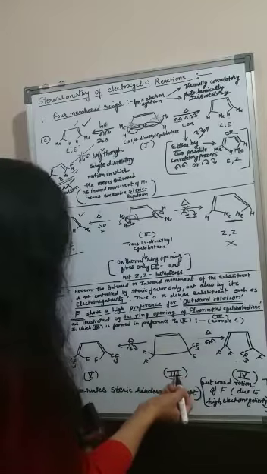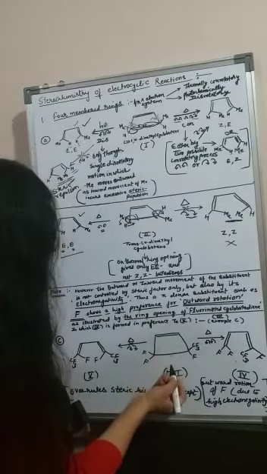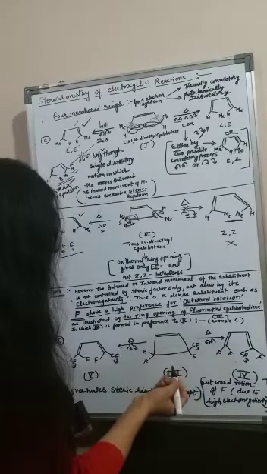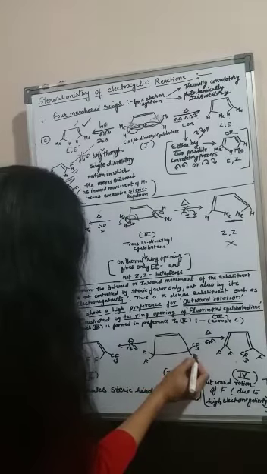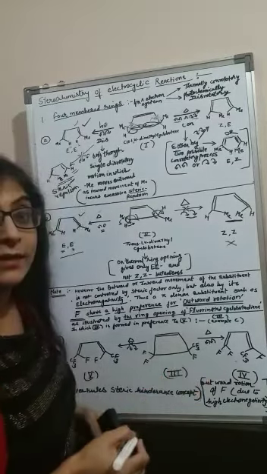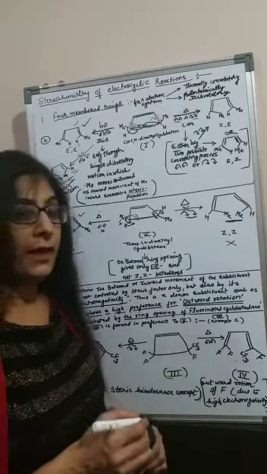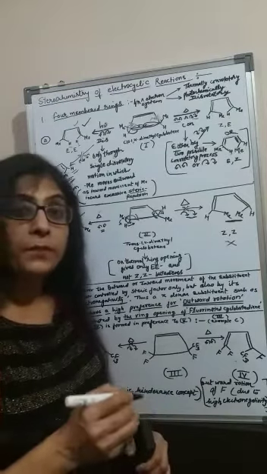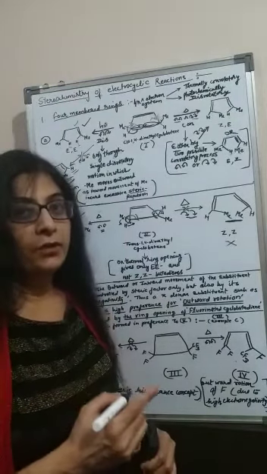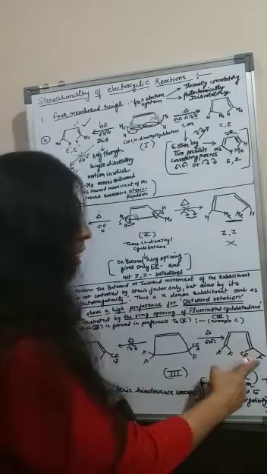Consider the third example. This is a fluorinated cyclobutene, and here F has high electronegativity. The rule is that the substituent which has higher electronegativity will be moving outward.